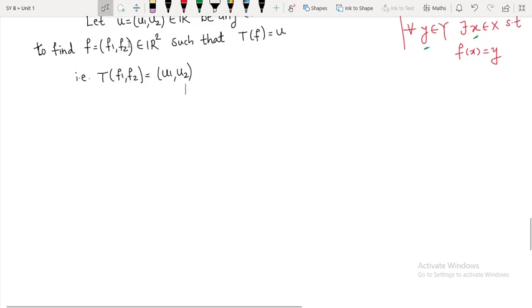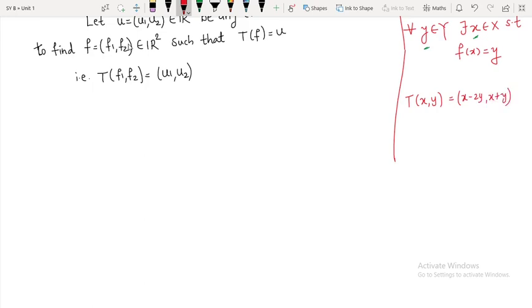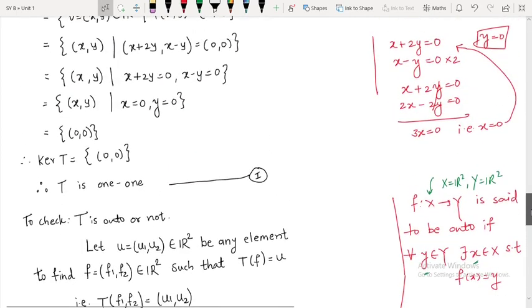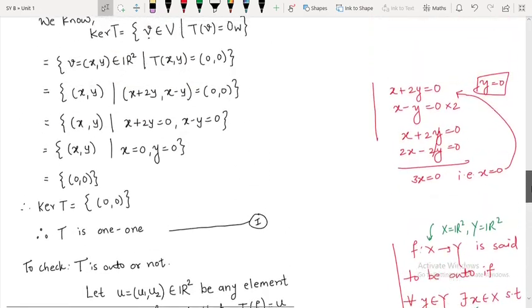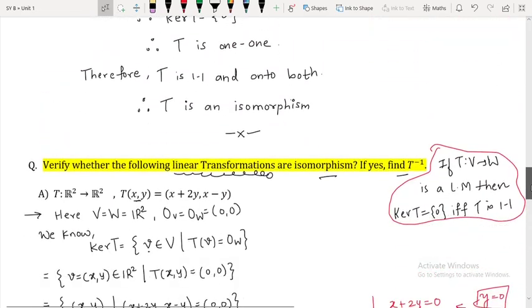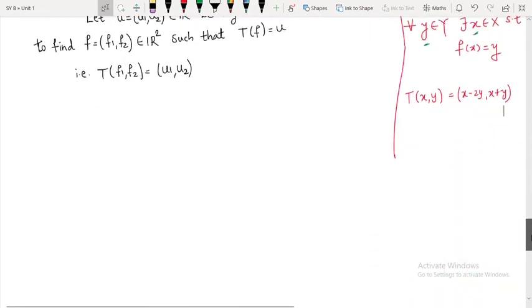So what will be T of (f1, f2)? Now note, T of (x, y) is already given to us. What is T of (x, y)? I guess it should be x minus 2y and x plus y. Still we will check it. So x plus 2y, yes, and x minus y.